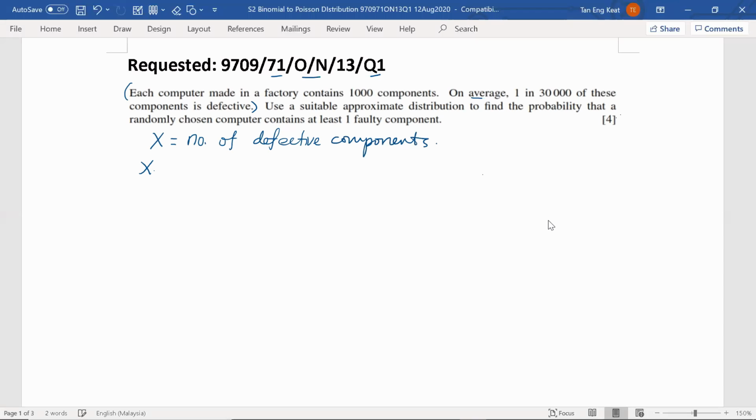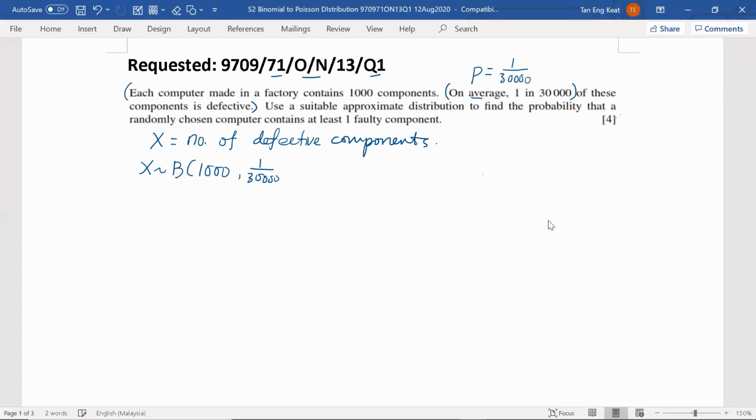And it follows a binomial distribution because it has 1,000 independent trials, the 1,000 components here. Average 1 in 30,000 is telling you the constant probability.